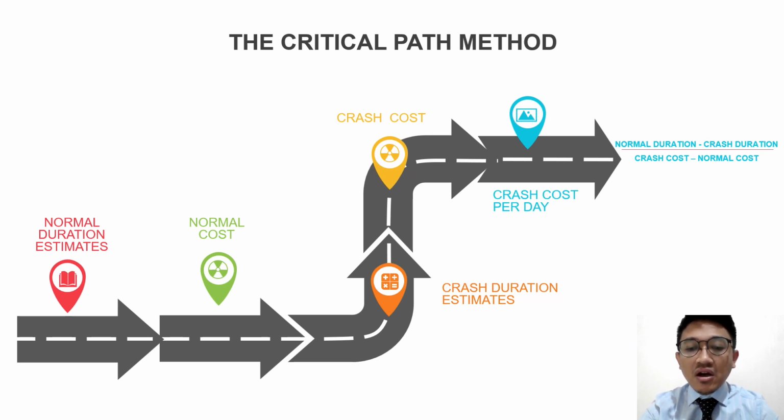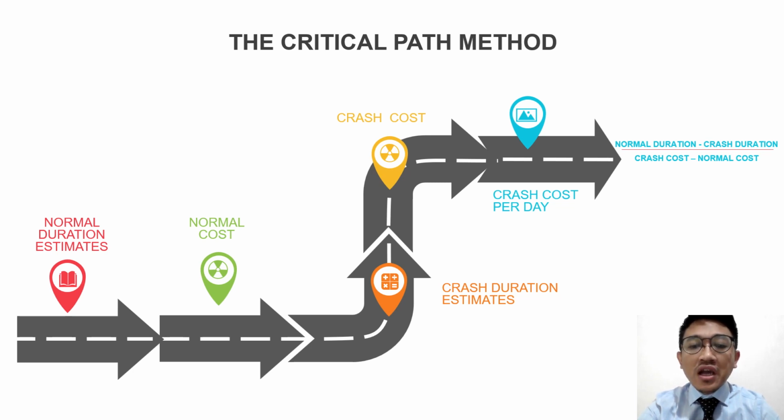These estimates are based on regular conditions and resources. Alongside duration estimates, normal cost projections for each activity are also determined, encompassing the expected expenses at the regular pace of work.